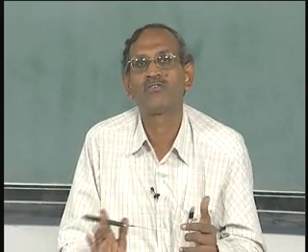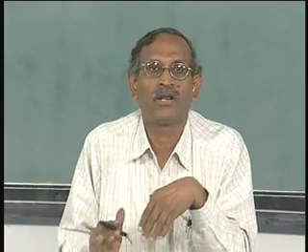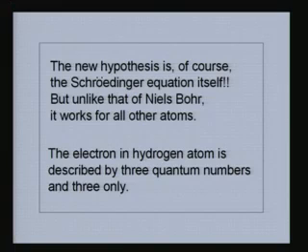The arbitrariness here is that we do not understand why the Schrodinger equation is correct, but if we accept that it is correct, then the rest of the solutions are naturally applicable and are derived from rigorous mathematics. Obviously this means that we are replacing the hypothesis of Bohr by the hypothesis that the Schrodinger equation itself is valid.